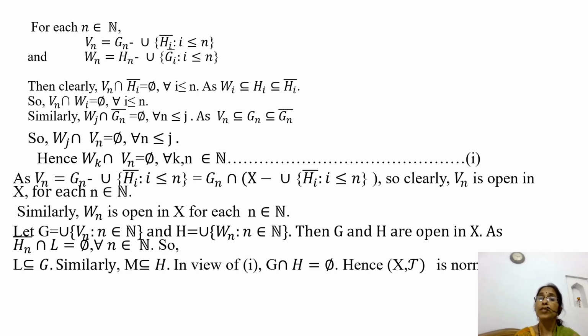But since Hi closure does not contain any element of L, L is contained in G. And similarly, we can say that M is contained in H. And since Vn and Wn are disjoint sets, G intersection H is clearly empty set. And so we find that X, T is a normal space. Thank you.